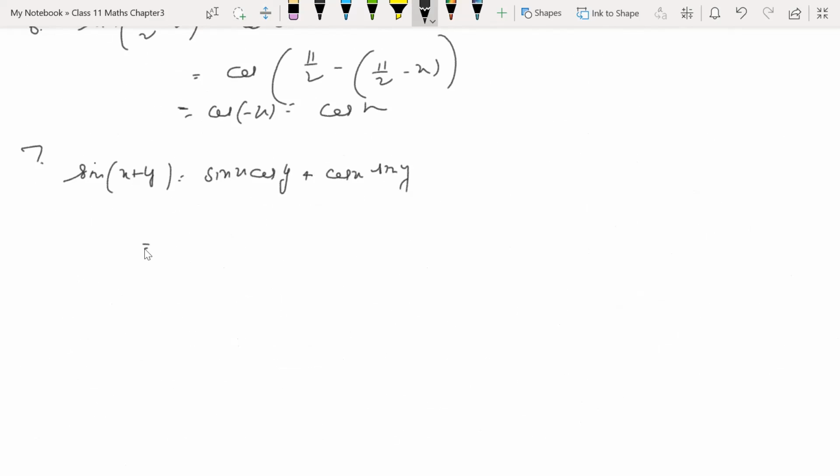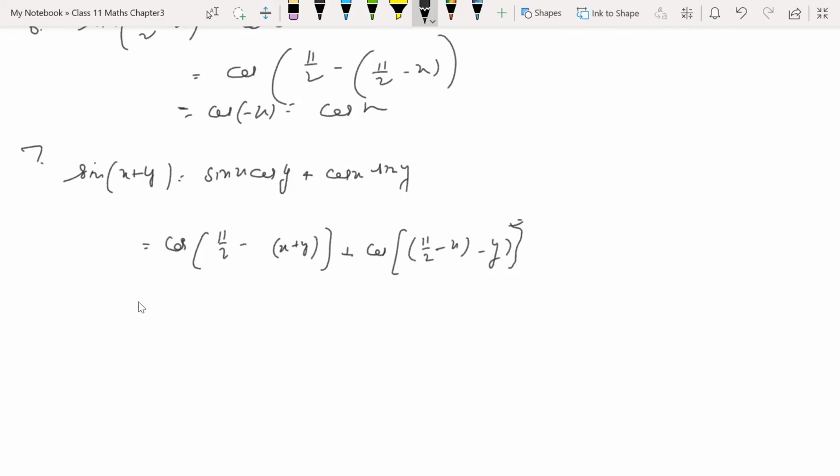So sin of x plus y we can write as cos of pi by 2 minus x plus y, which is cos of pi by 2 minus x minus y.